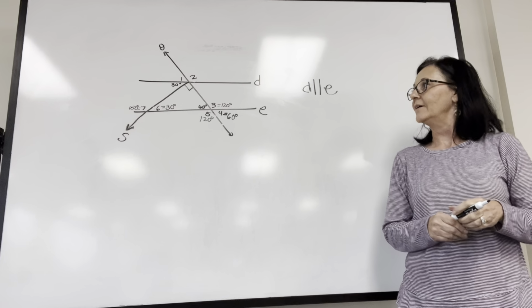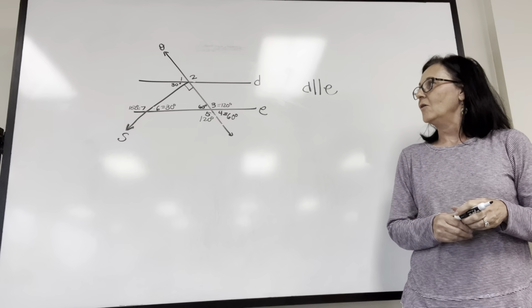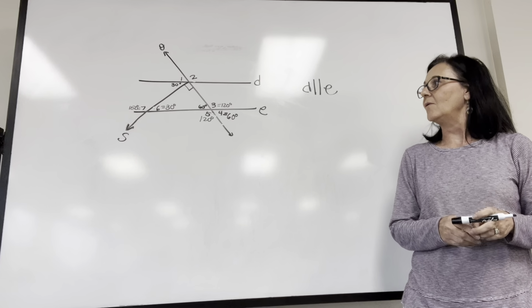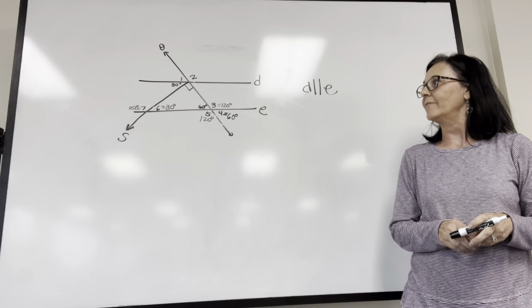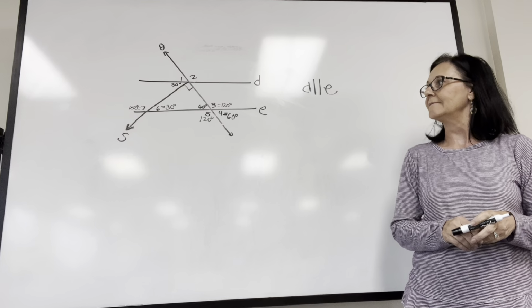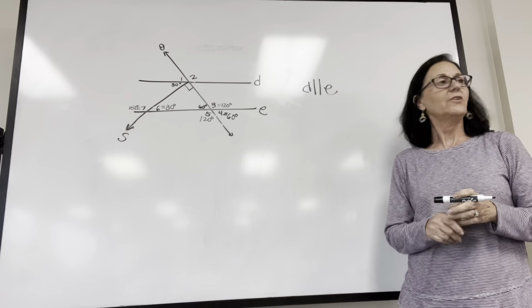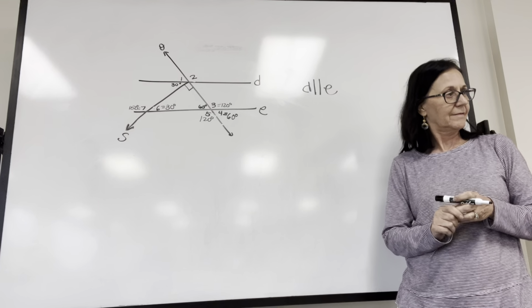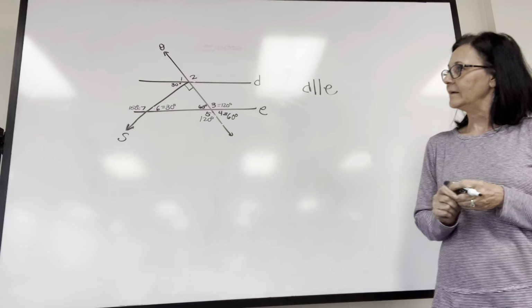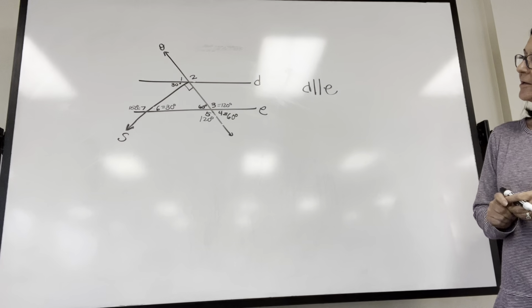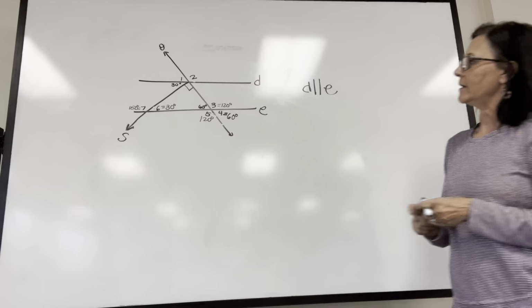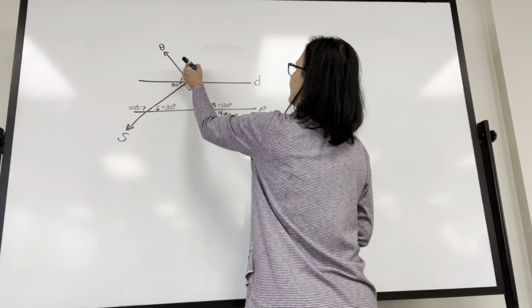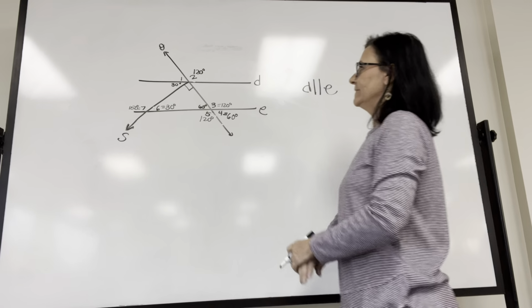Angle 2 equals 120. How do you know that? Because 30 plus 90 is 120, and then it's split. Okay. Which would make 160 degrees.